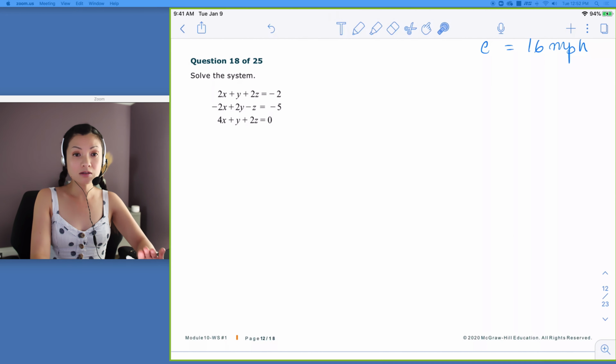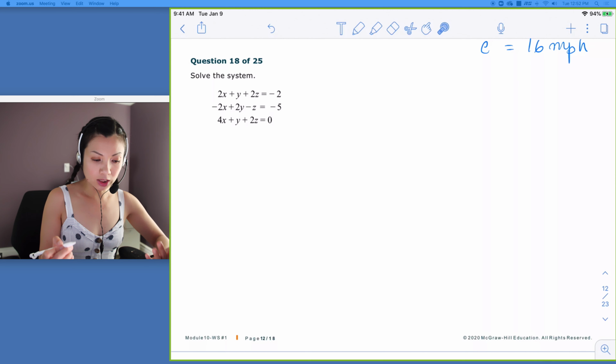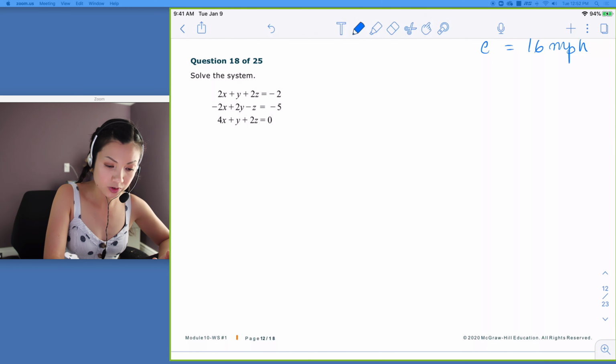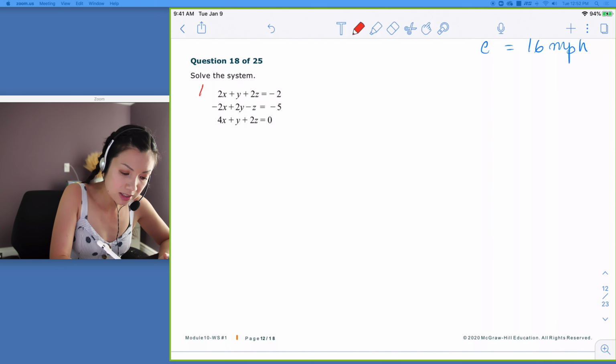For these types of problems, make sure you organize it. When I look at the problem, I see that I can eliminate the x, so I'm going to pick x to eliminate first. I'm going to label the equations A, B, and C.